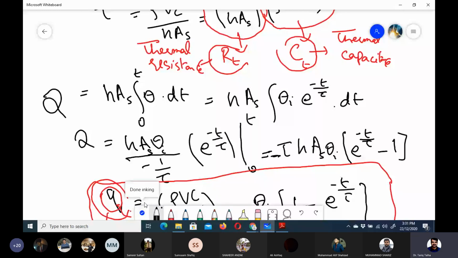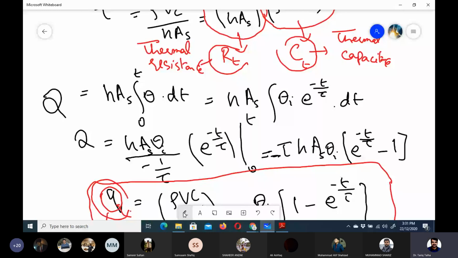Now there is one thing left, which is the Fourier number, that is a dimensionless time. How can we get that from this thermal time constant?